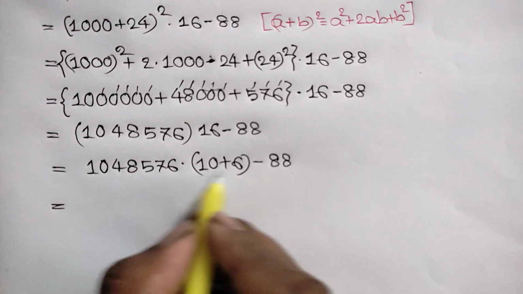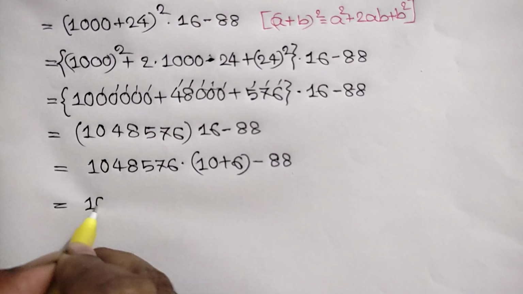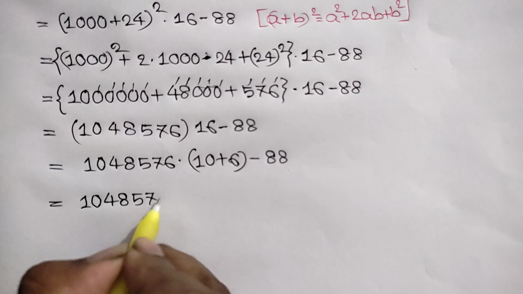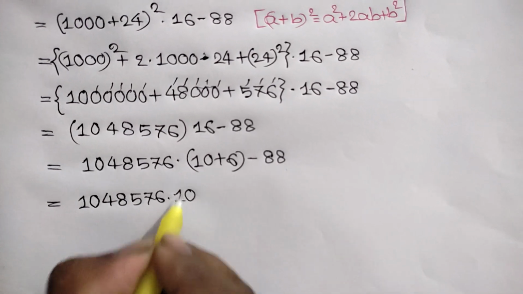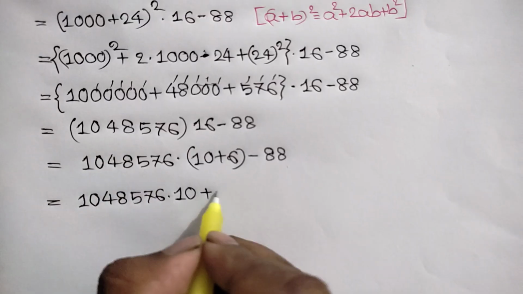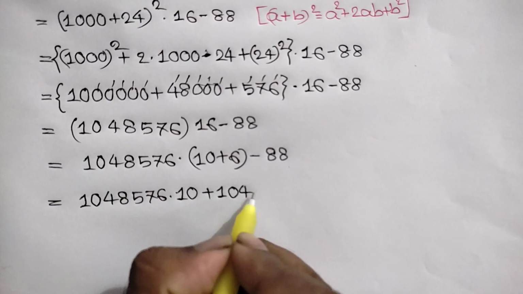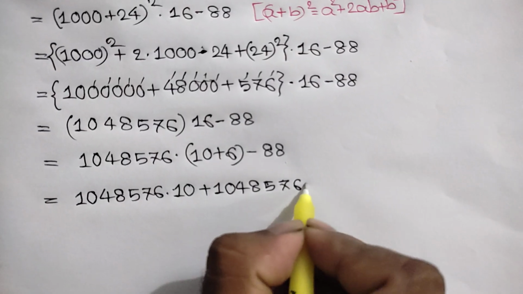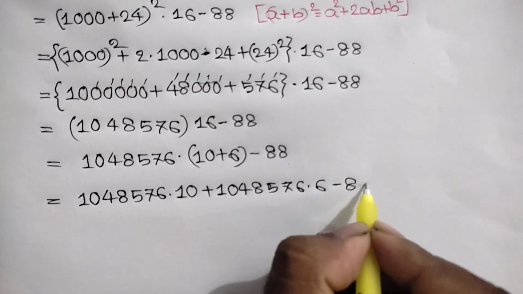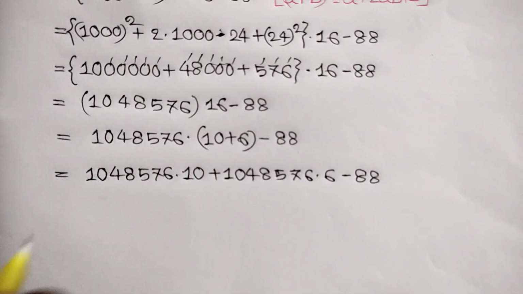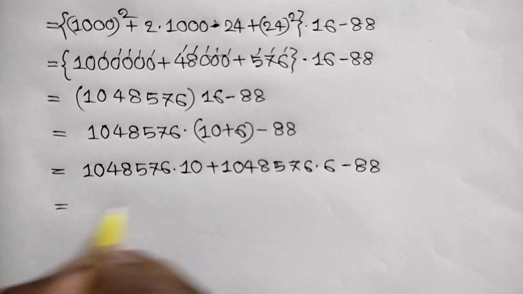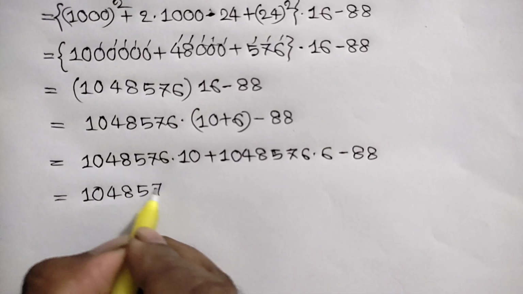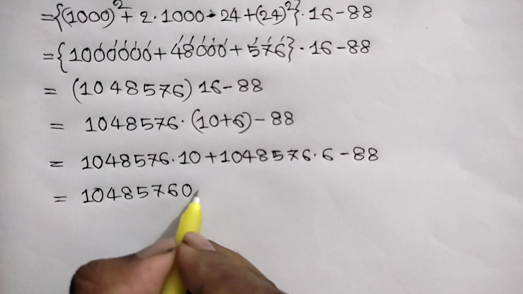Now multiplying, here we can write 1048576 times 10 plus 1048576 times 6, minus 88. Here we will get 1048576 times 10, and 0.